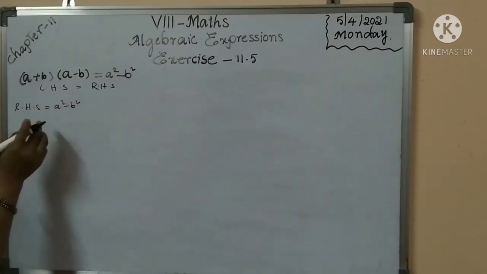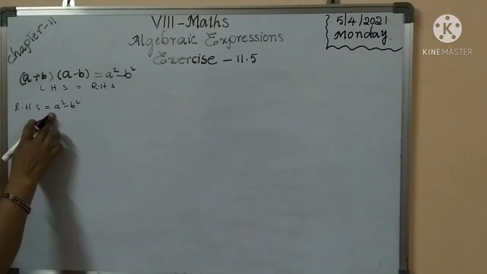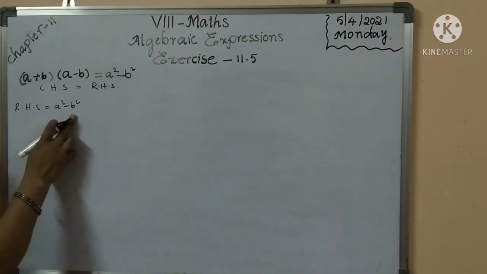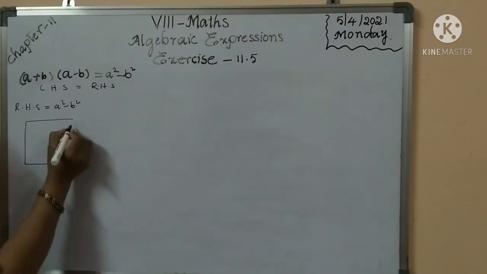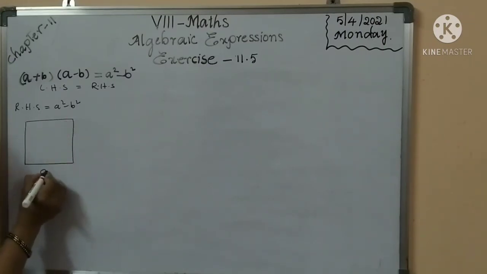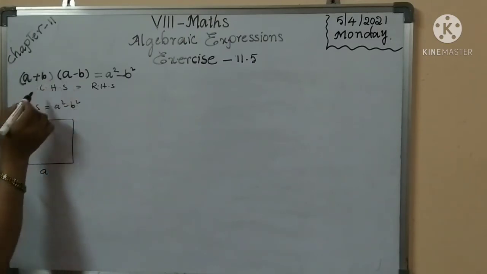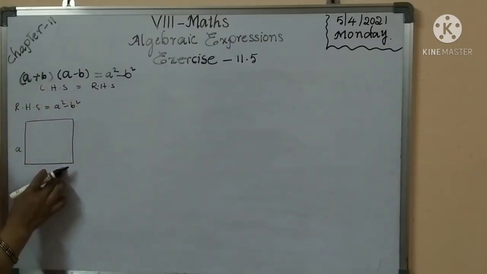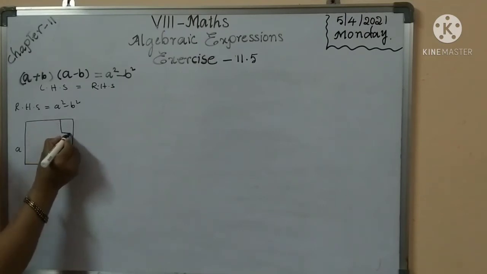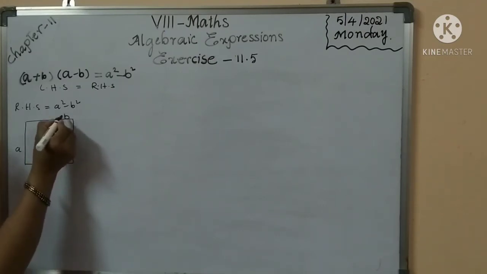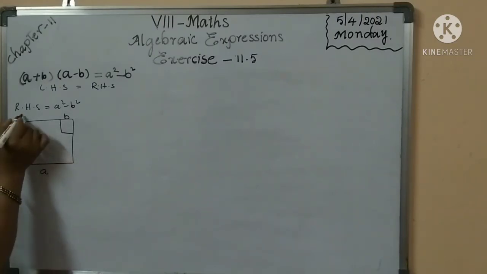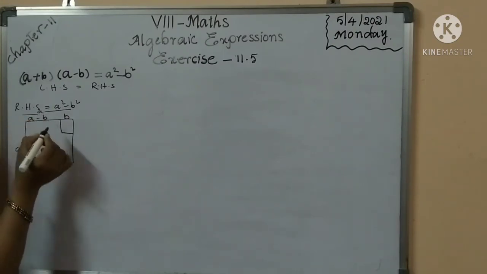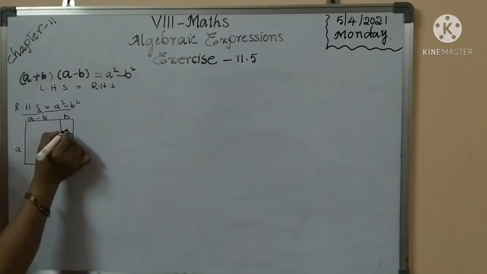Here, area of a square with side a and area of a square with side b. It is overall a square, so the side is a. Here one side of a plus b adding and one side of a minus b adding, removing the part of a minus b. The total distance is a.